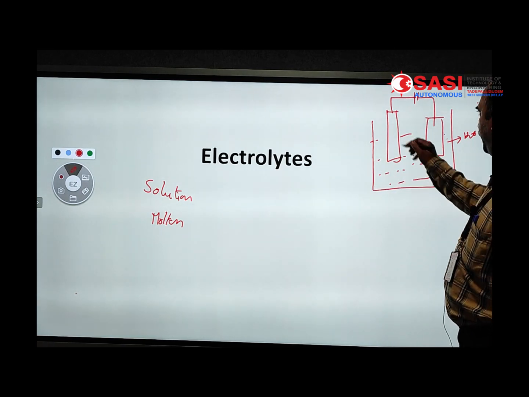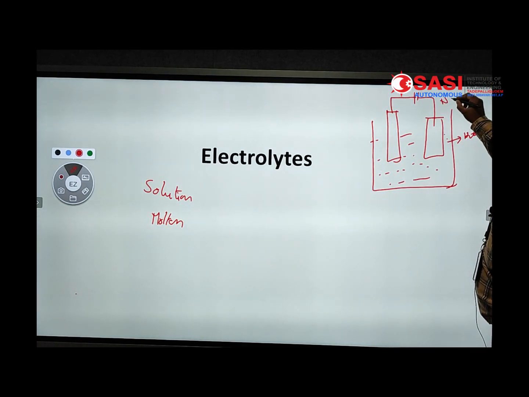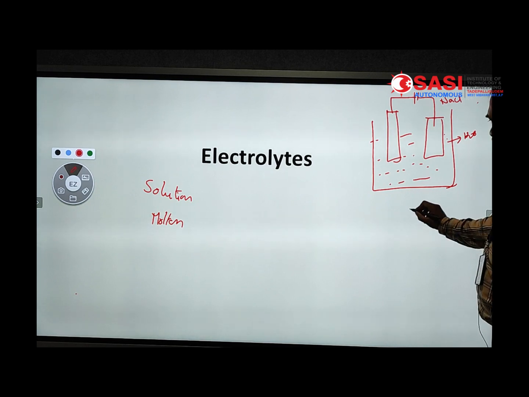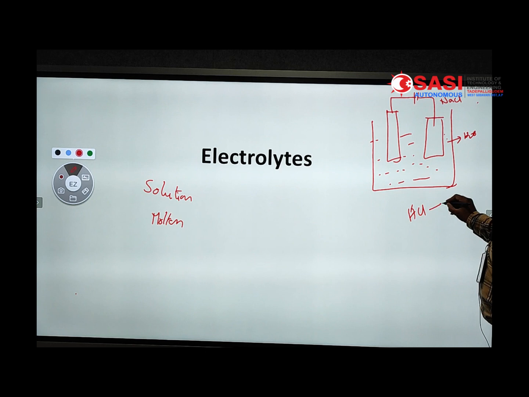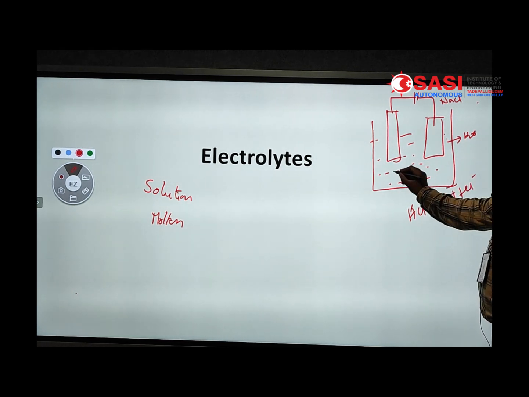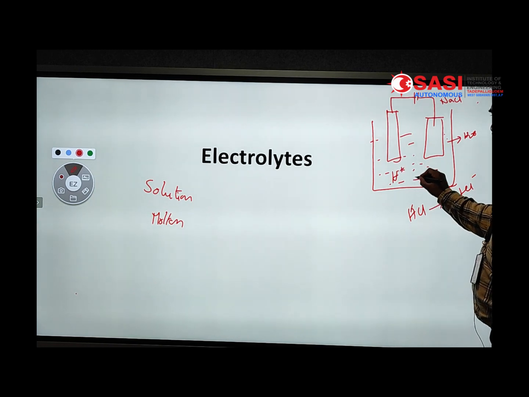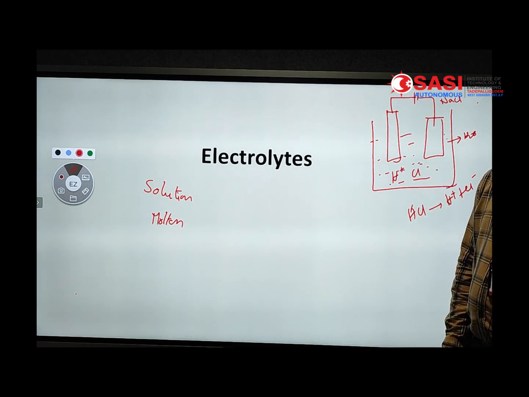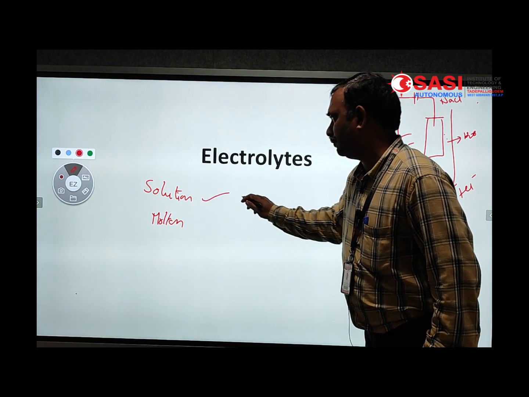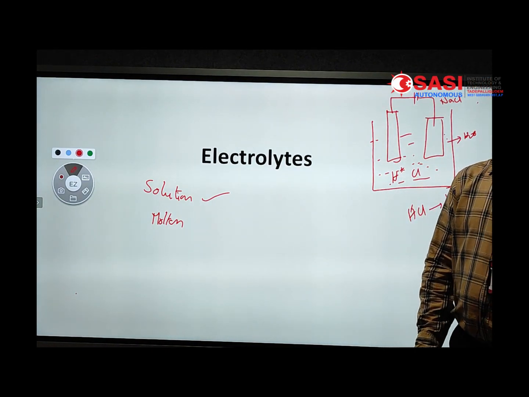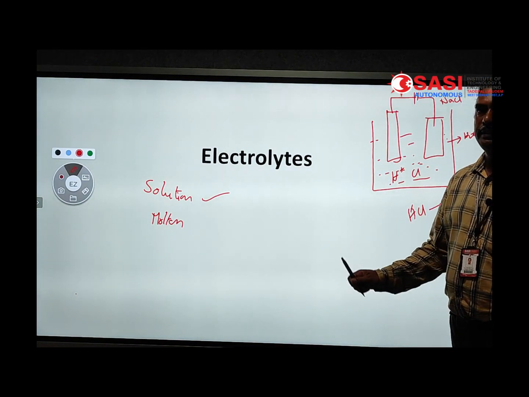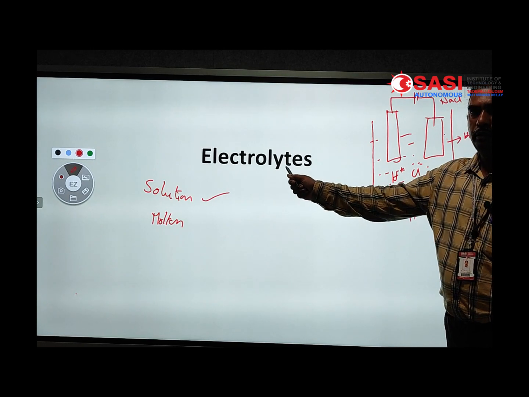But if you place some electrolytes like NaCl or acids like HCl, what will happen? They will start ionizing to give corresponding ions, and these ions present in the solution will start conducting the electricity. Those substances which pass electricity in the solution are called electrolytes.